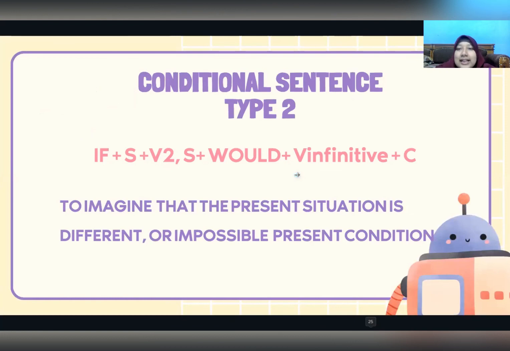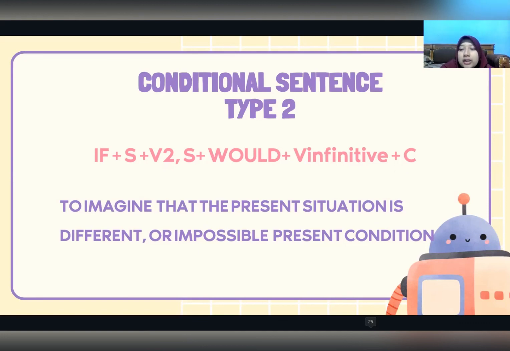The next is conditional sentence type 2. Type 2 has the formula: if plus subject plus verb 2. This is the if clause, and the main clause is subject plus would plus verb infinitive plus complement.